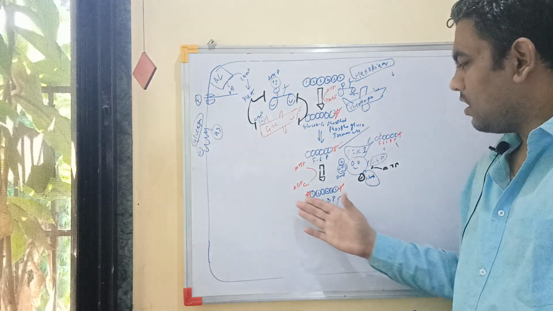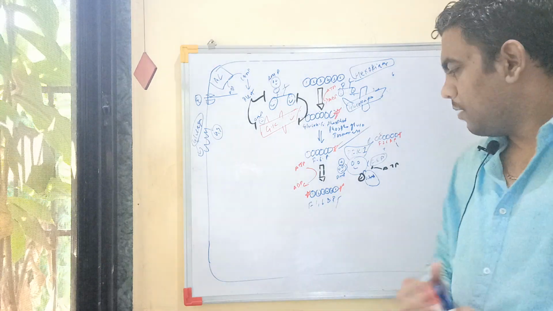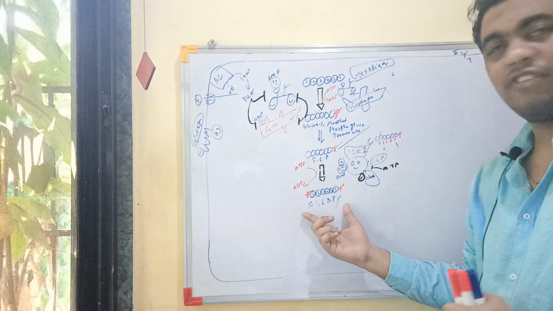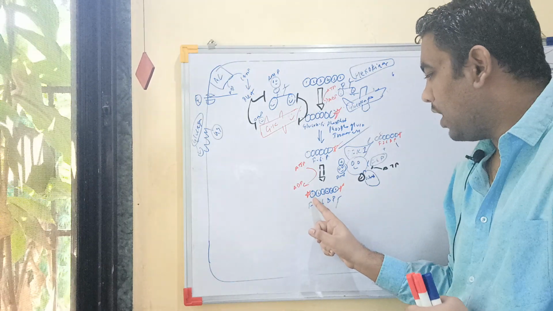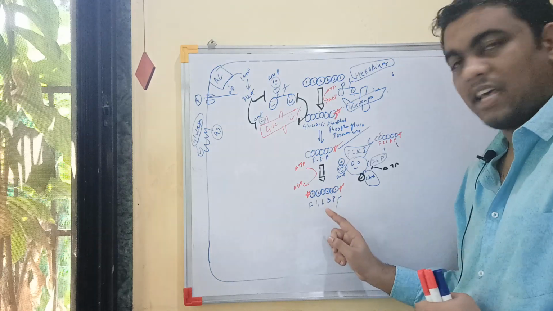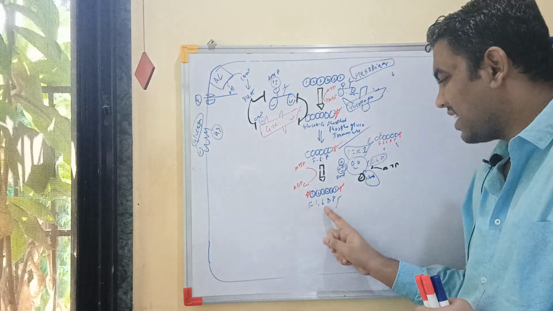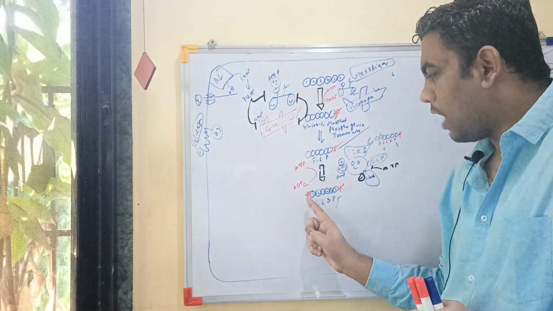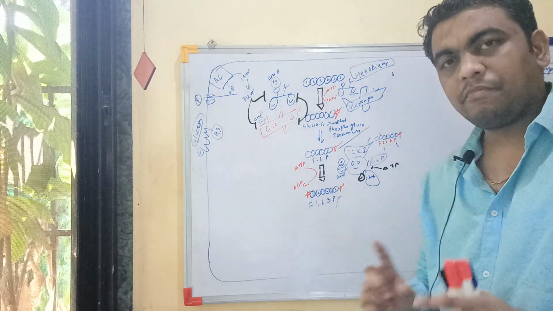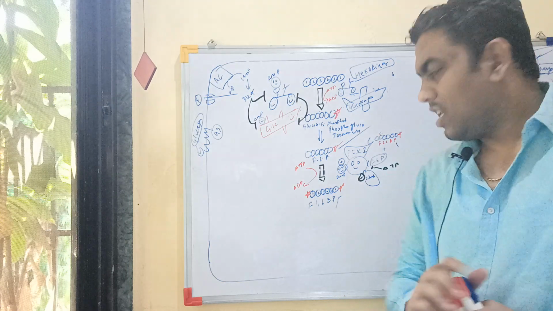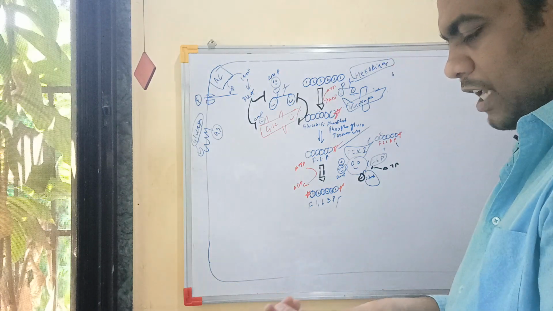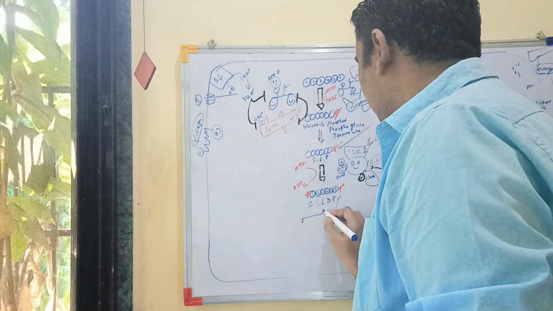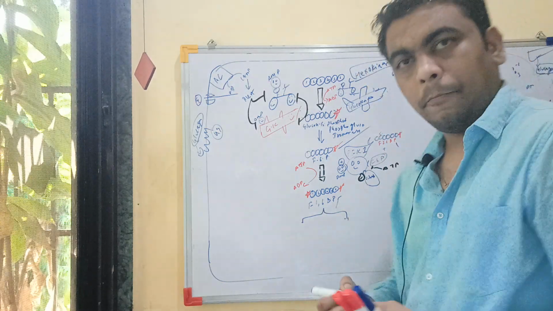Tragic event for our 6 carbon molecules, because now they will break up. The 6 carbon molecule which we have right now, which is fructose 1,6-bisphosphate, has phosphate at carbon number 1 and carbon number 6. It will break up into 2 pieces.